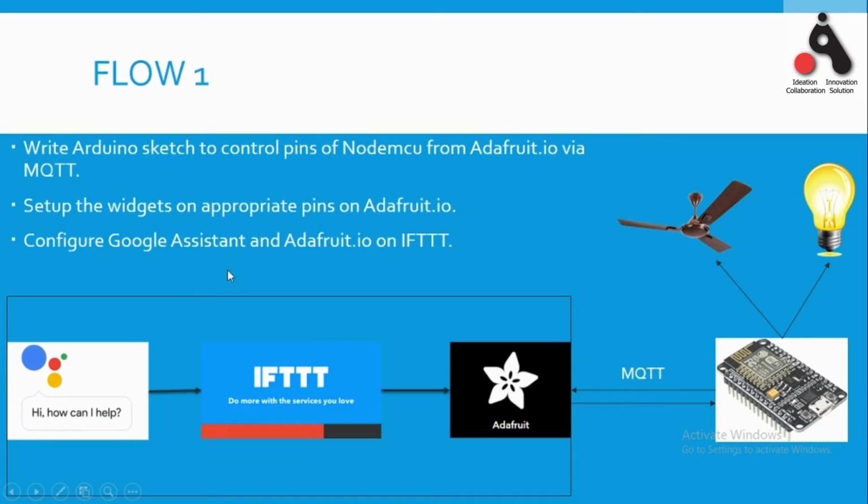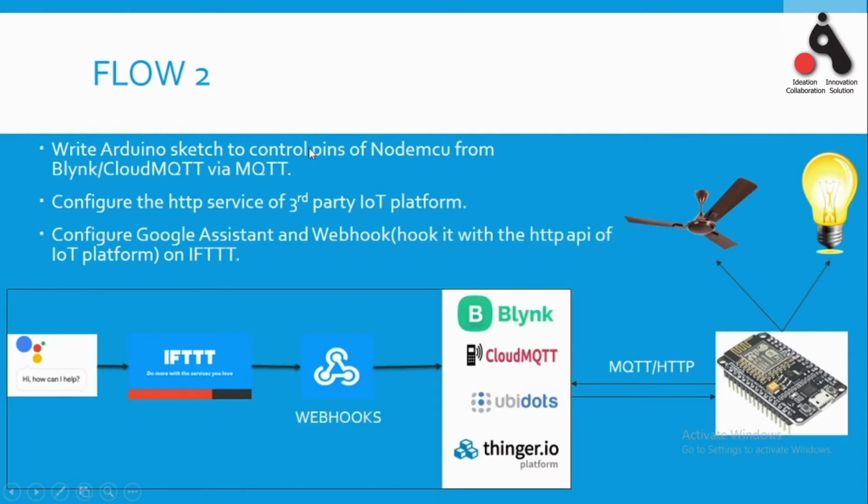And this is the whole architecture: IFTTT will convert our voice command and send a specific data to a topic which is already present in the Adafruit.io platform. We need to first set up this NodeMCU code to link to Adafruit.io, and then the second part is setting up IFTTT. So this is a simple two-step process to control our home appliances by our voice commands. So this is it, and the next flow, let's check it.